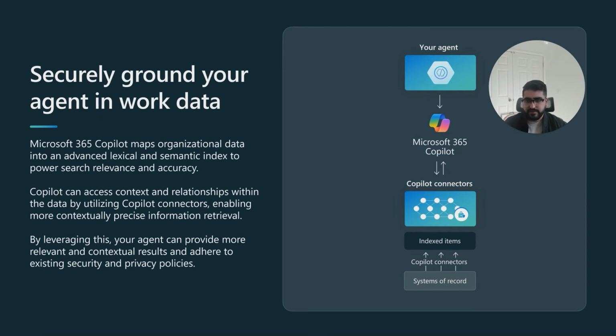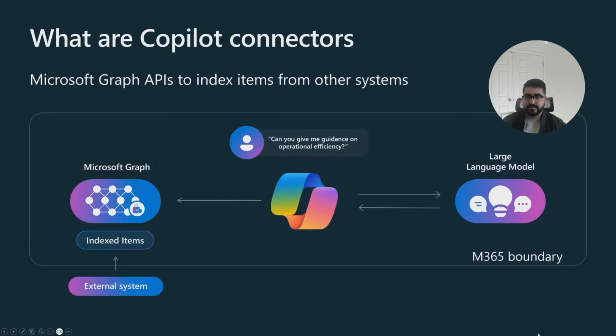And today we're going to be specifically talking about Copilot connectors and what actually helps to bring in the data into this semantic index. And so by leveraging this, your agent or even the Microsoft 365 Copilot chat can provide more relevant and contextual results and adhere to existing security and privacy policies.